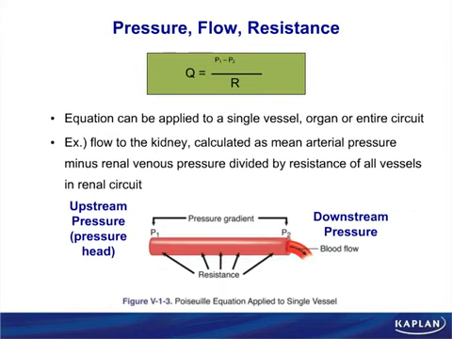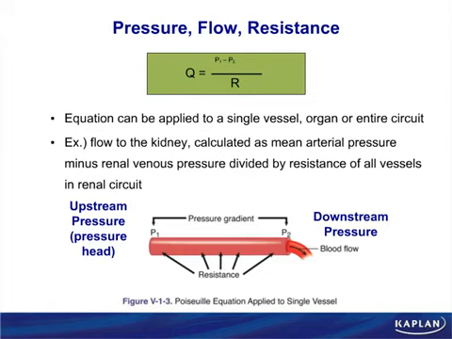Here's our pressure, flow, resistance again. We can utilize this whether it's a single blood vessel, an organ, or an entire circuit. It doesn't matter. It's all pressure, flow, resistance.